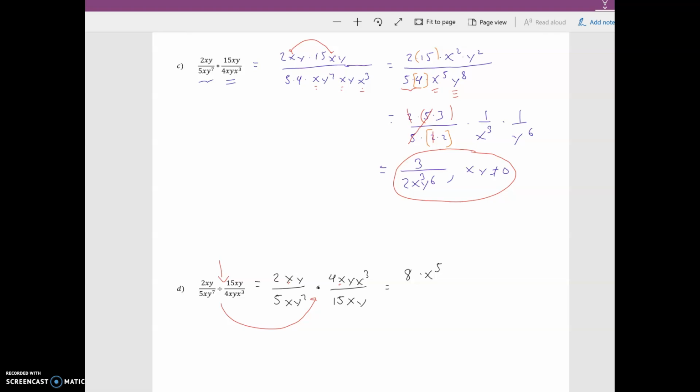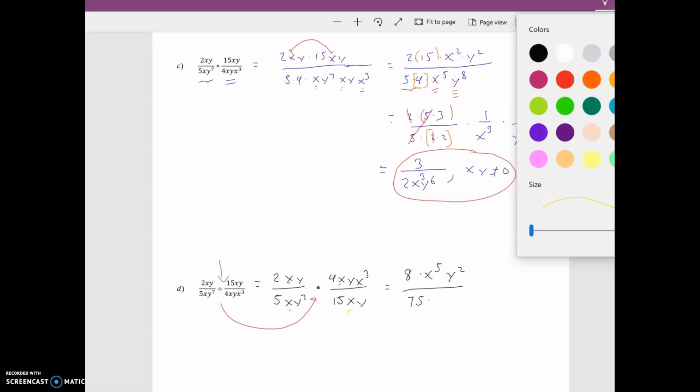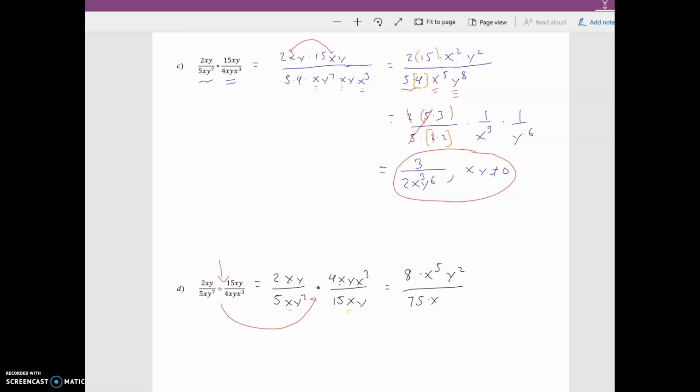For our y's, I'm counting just 2, so this will be y squared over 15 times 5. So that's going to be 75 times your x's. I see an x here, let me highlight them, I see an x here, another x. So I'm looking at x to the 2nd times y to the 8th.